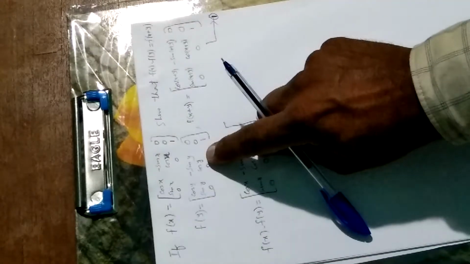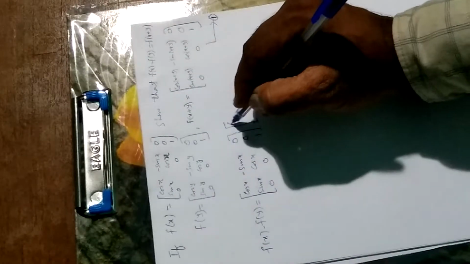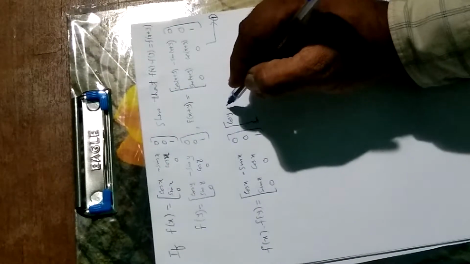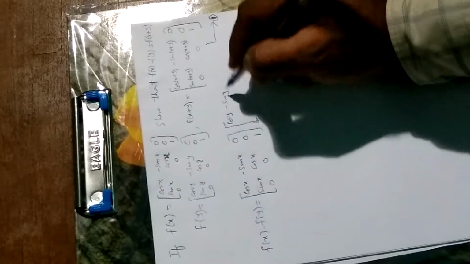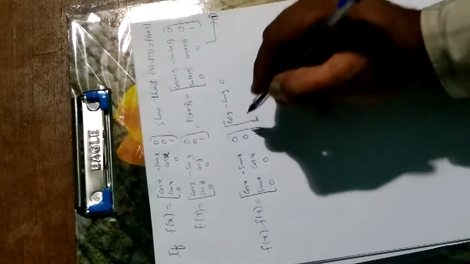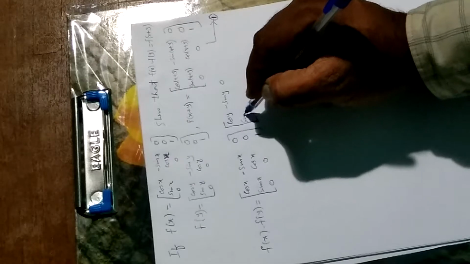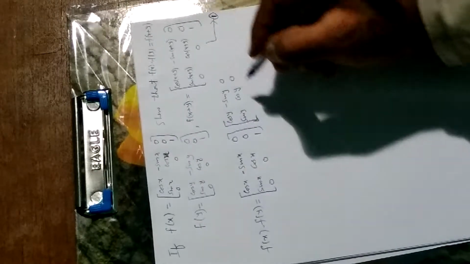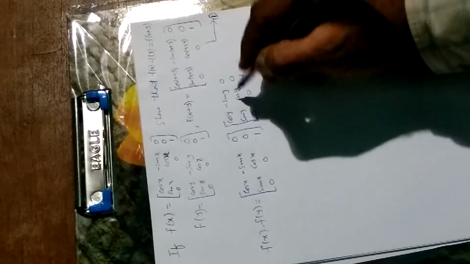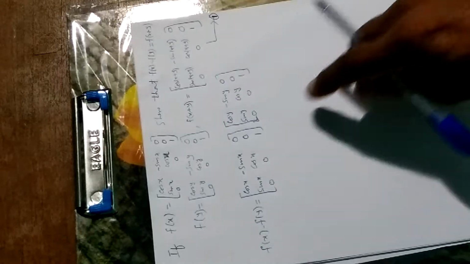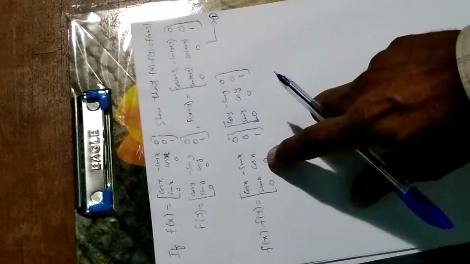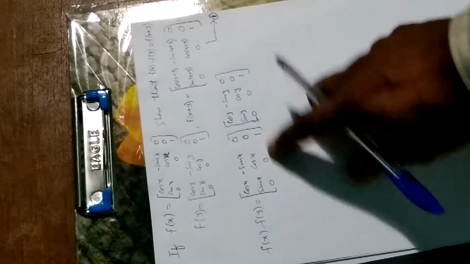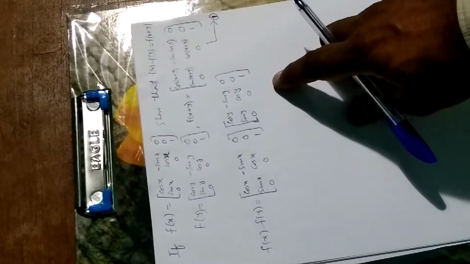F of y we have here: cos y, minus sin y, and 0. Then we have sin y, cos y, 0, then 0, 0, 1, right? This is f of y. For f of x into f of y, we have to multiply these two, right?